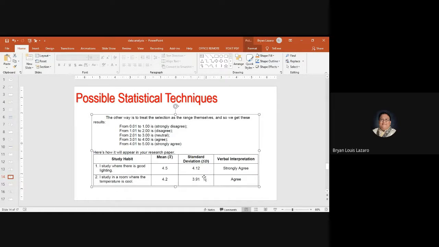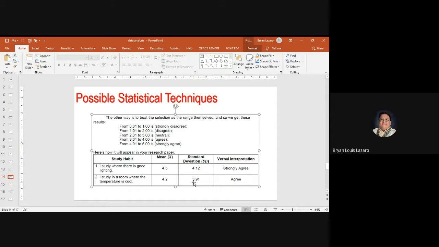Mas maniniwala na kayo kay standard deviation because standard deviation is the measure of dispersion. Si mean kasi is a measure of central tendency. Yung dispersion, hawak niya na rin si central tendency. So, mas may power si standard deviation kung i-interpret natin. Although both of them are good to interpret, mas stronger yung gustong ibigay ni standard deviation.